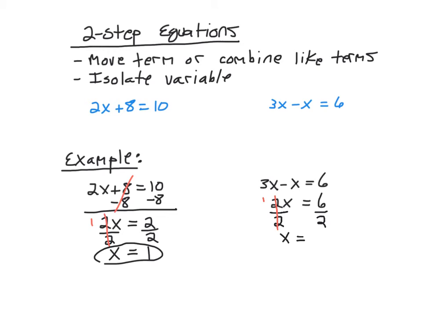On the other side, I have 6 divided by 2, which is 3. And now I have my solution, x equals 3. So those are two great examples of two-step equations. You need to know how to do those, and you will get practice.